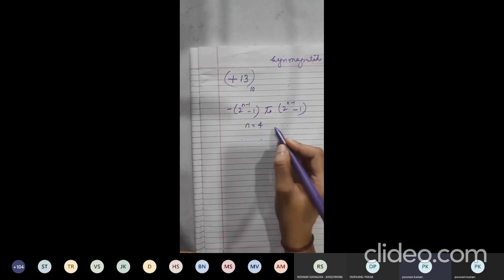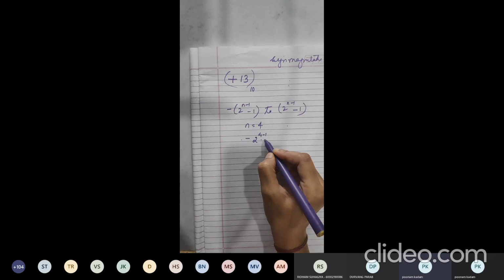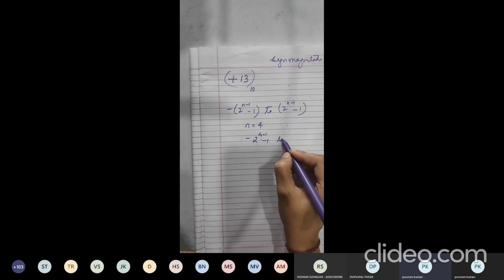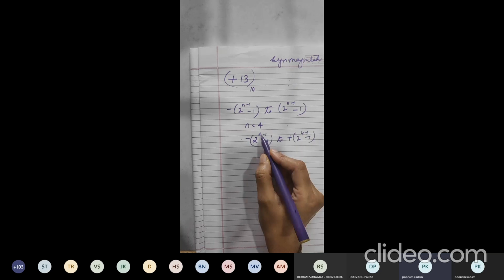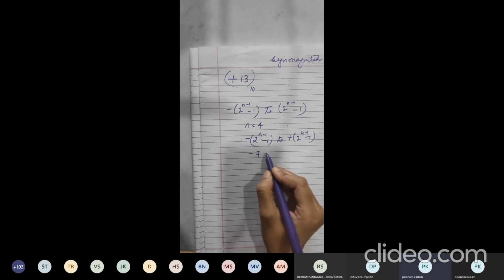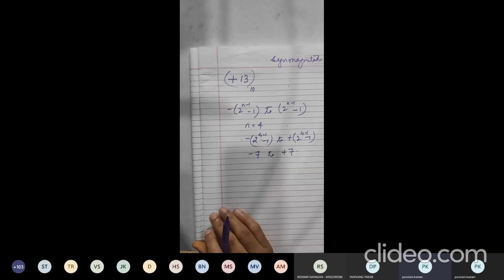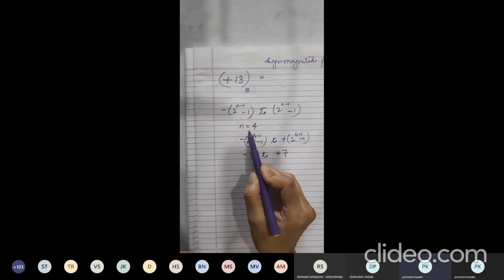When n is equal to 4, it will be minus 2 raised to power 4 minus 1 minus 1 to plus 2 raised to power 4 minus 1 minus 1, which means 2 raised to power 3 is 8, 8 minus 1 is 7, so minus 7 to plus 7. So plus 13 in sign magnitude form cannot be represented using 4 bits.